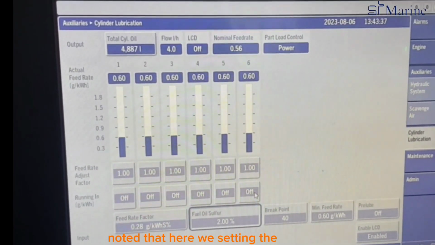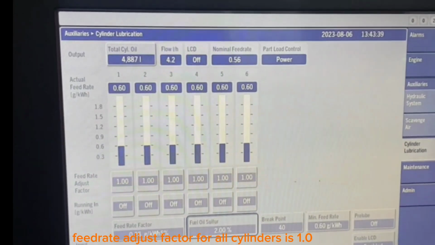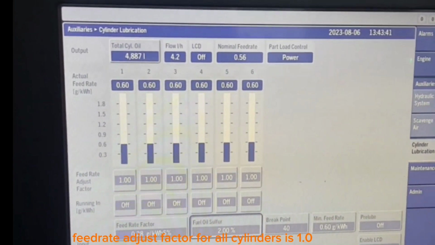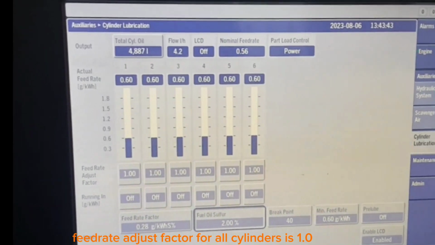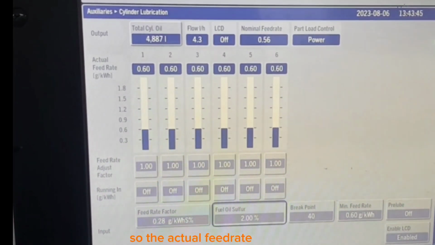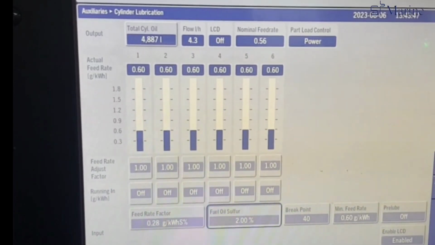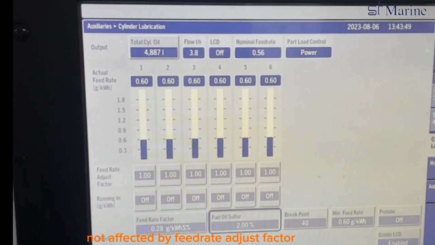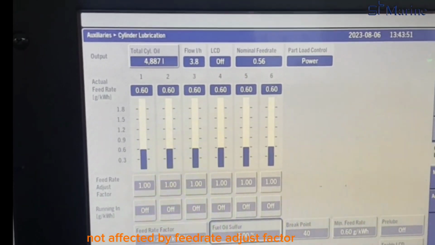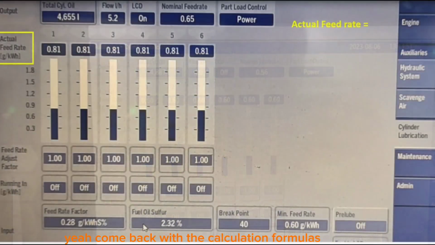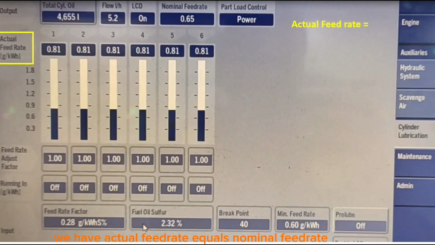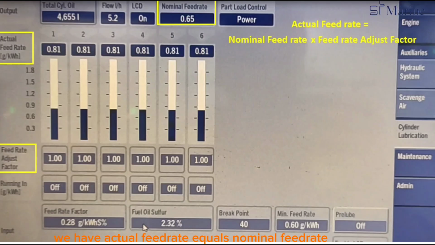Notice that here we set the feed rate adjust factors for all cylinders to 1.0, so the actual feed rate is not affected by the feed rate adjust factors. Coming back to the calculation formulas, we have actual feed rate equal to nominal feed rate multiplied by feed rate adjust factor.